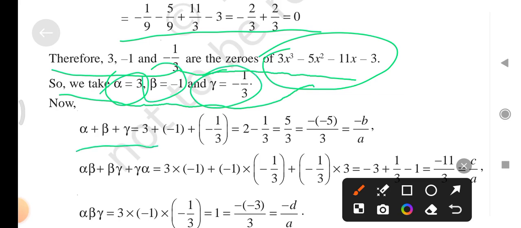Alpha plus beta plus gamma is equal to 3 plus minus 1 plus minus 1 by 3, which is equal to 5 by 3, which is equal to minus b by a.